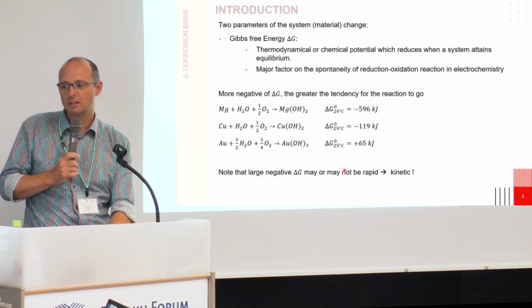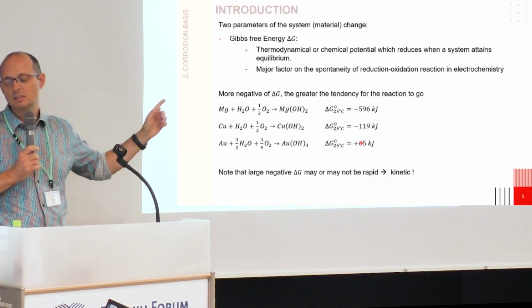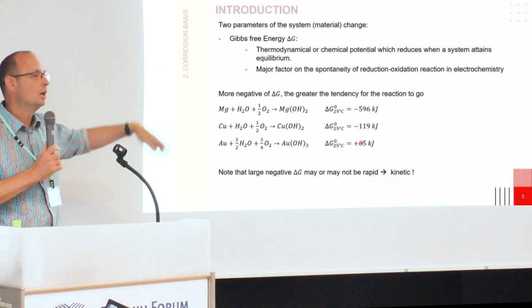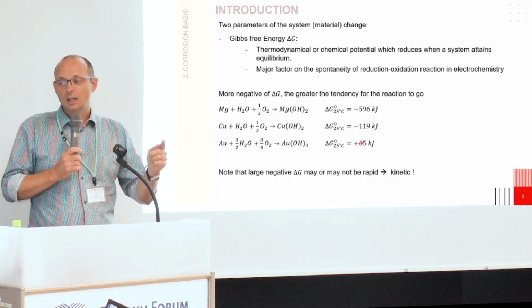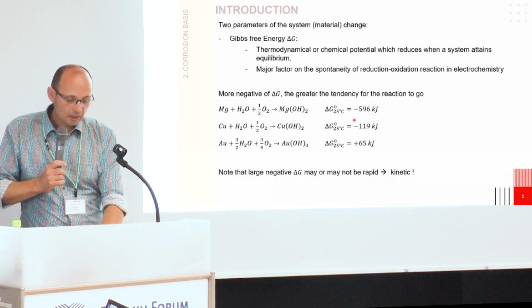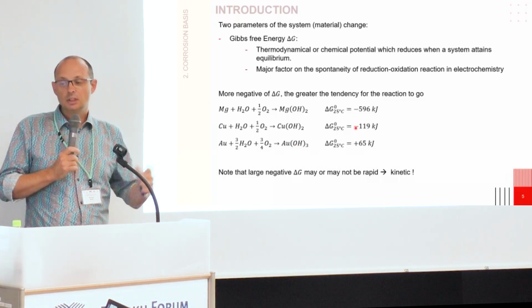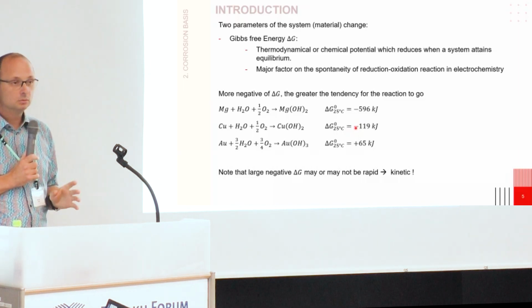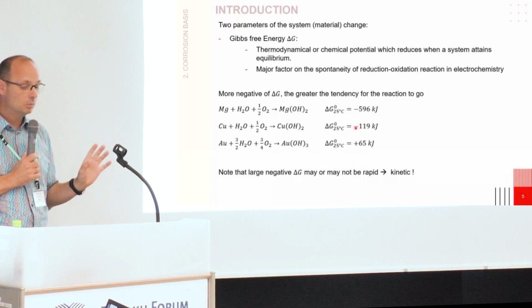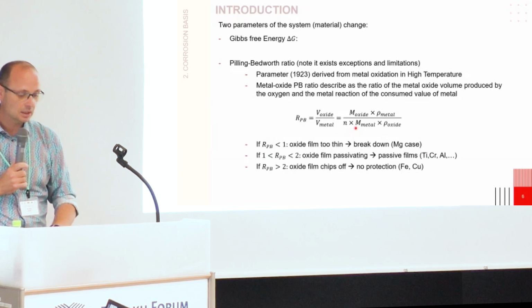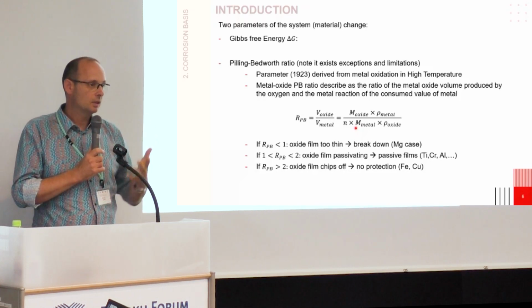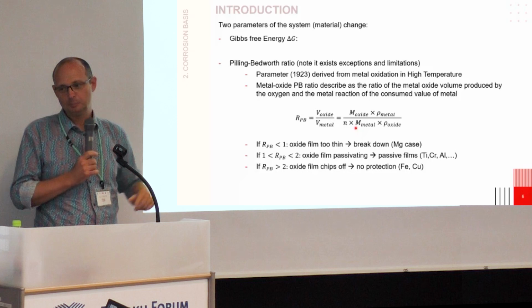That's what the thermodynamics is giving us. This is for the standard Gibbs free energy, so 25 degrees, one atmosphere. So for magnesium and copper, here we just know that it will happen. We don't know how long it will take. So we don't have any information about kinetics, and I will not really talk about kinetics because it's a very, very difficult problem.